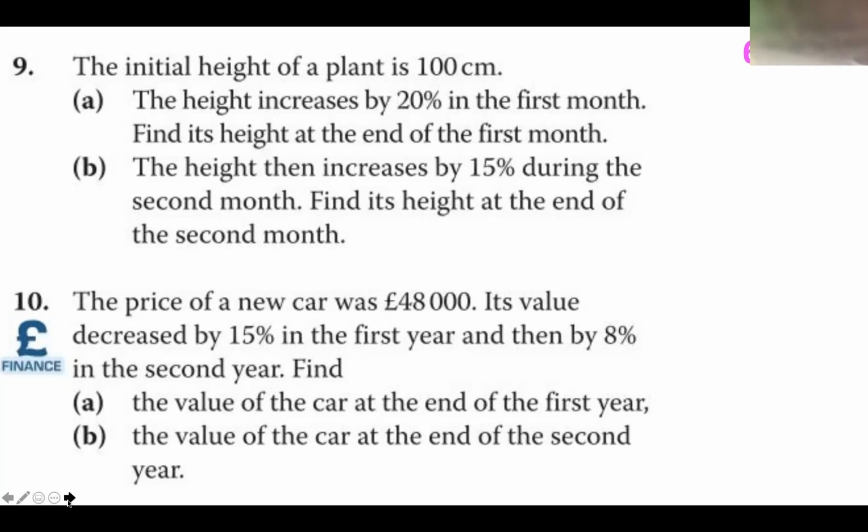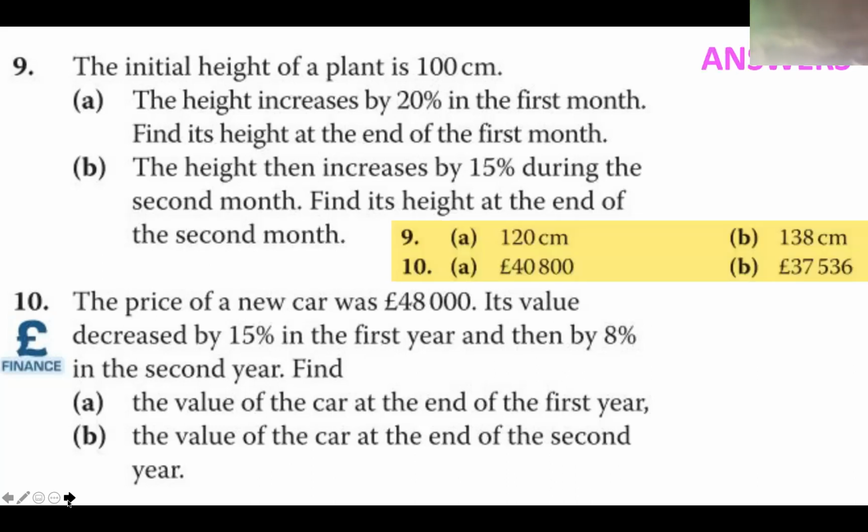Okay, your time's up. Let's hear how you got on with the last two questions. Okay, so 9A is 120 centimetres, 9B is 138 centimetres, 10A is 40,800, and 10B is 37,536.